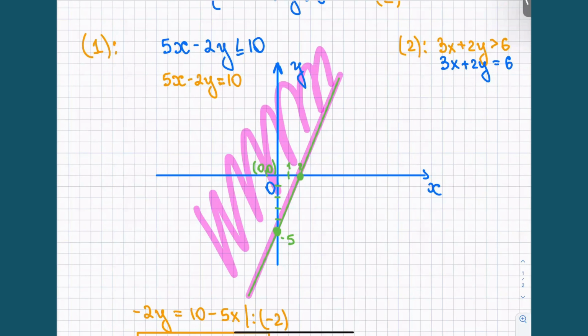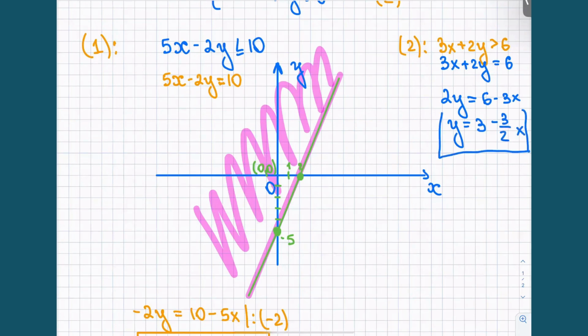So again, let's isolate y in this second inequality. Equality, so we will get 6 minus 3x, and I will divide everything by 2, so we will get 3 minus 3 halves x. So this is, dear students, our other straight line, which corresponds to the second inequality. How to draw this line?